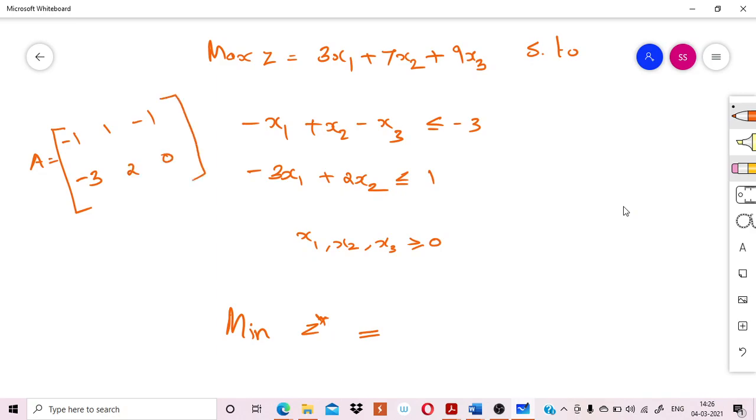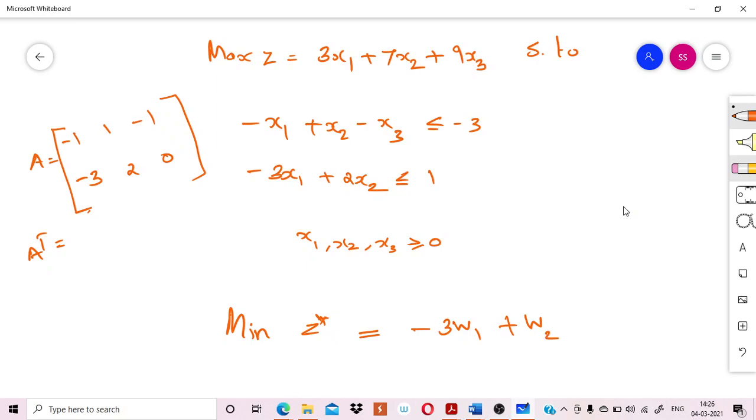We take the transpose, so A transpose will be the matrix A in minimization. And you have the constants minus 3 and 1, and we define this minimization problem as 3w1 plus w2.